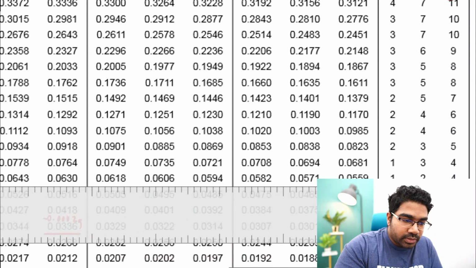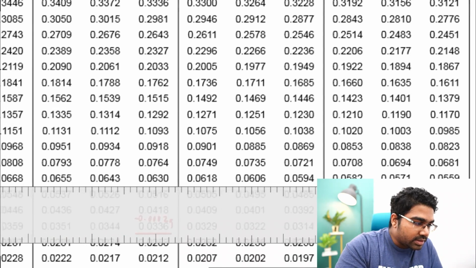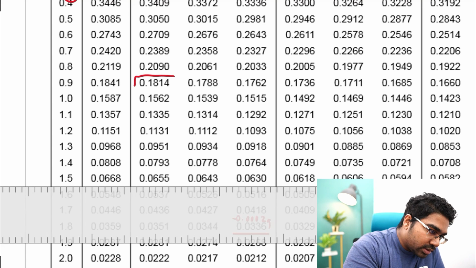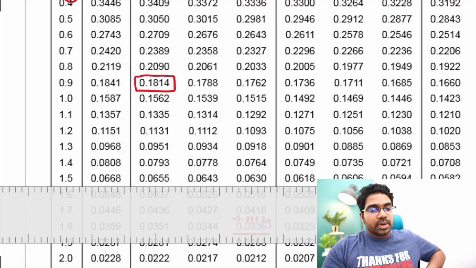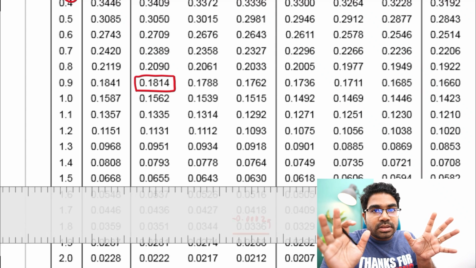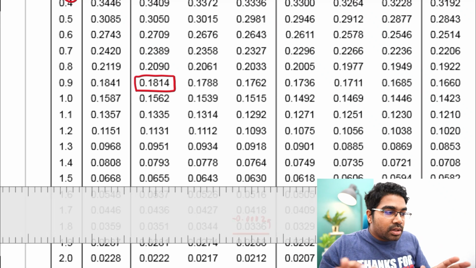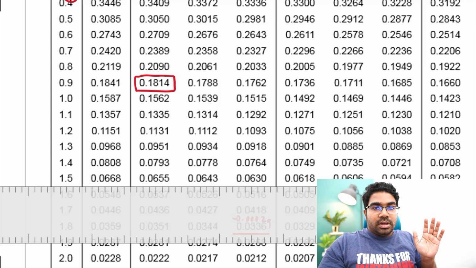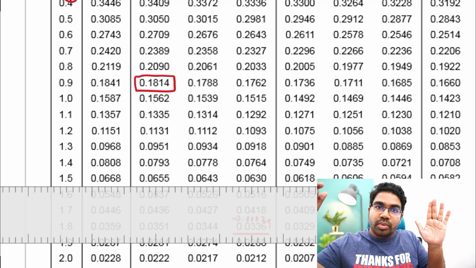So the closest value to 0.18 that is larger than 0.18. So if you notice, you will get here 0.1814. So remember, the values inside the table is the probability, is the area, not the Z score. The Z score is only the first column and the first row. These are the components of the Z score.